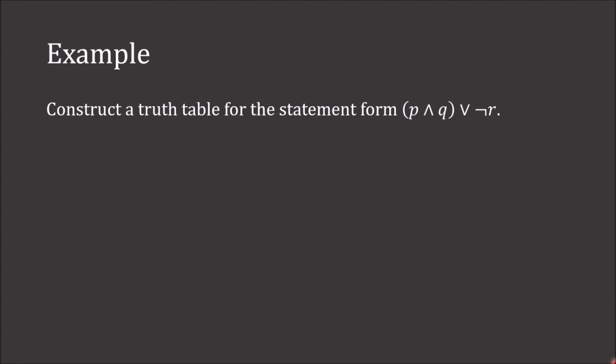So what we're going to do now is construct a truth table for the statement form P and Q, or not R. Now here we have three statement variables, so we need three columns for the statement variables: a column for P, a column for Q, and a column for R. For P, we're going to have 4 trues and then 4 falses.